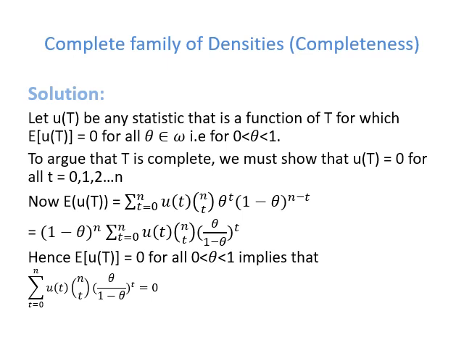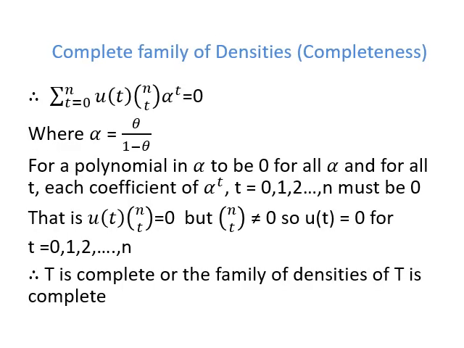Here, expected value of u(T) equals 0 implies that the summation of u(t) n choose t (θ/(1 - θ))^t from t equals 0 to n should be equal to 0. Notice here that (1 - θ)^n is not equal to 0 because, as we said, we want the expected value of u(T) to be equal to 0 for all θ, not for a particular value of θ.